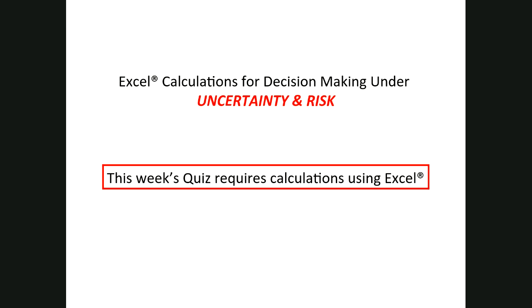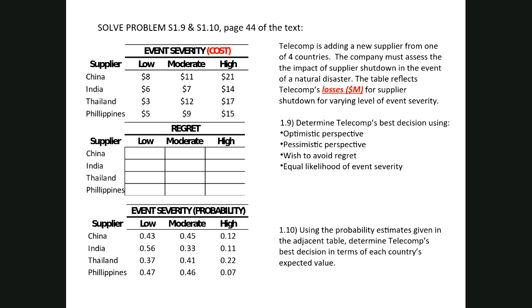Then I would like you to work through the first part of this problem, where we talked about Telecomp and conditions of uncertainty. Now we're also going to ask you to do this calculation under risk, and I'll put the solutions up.